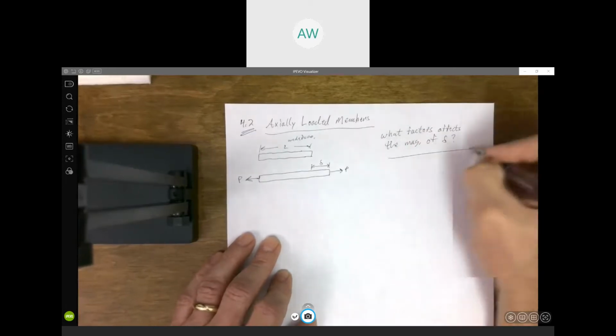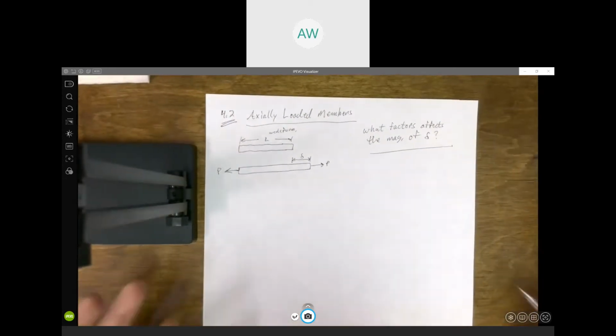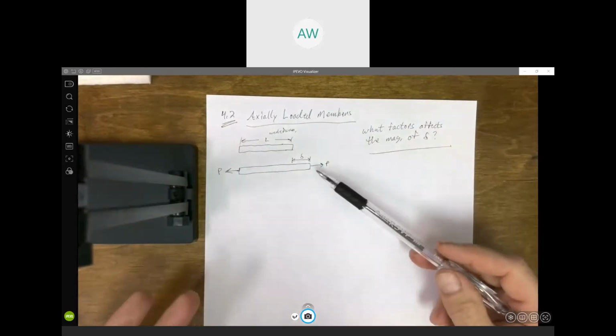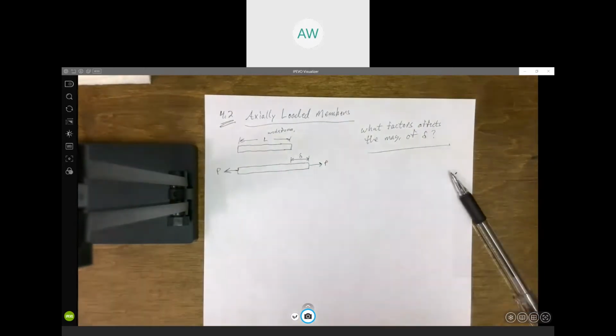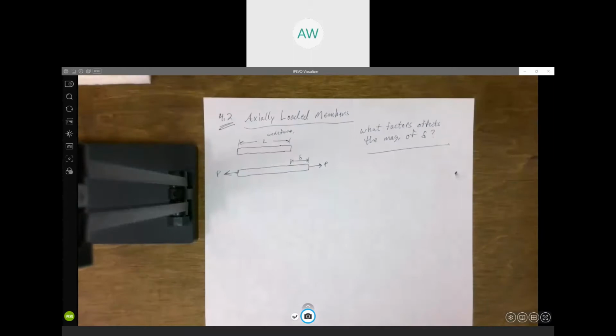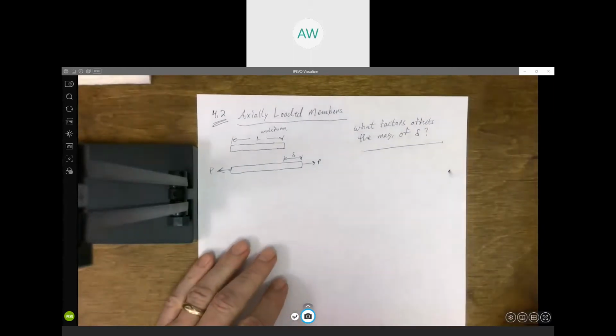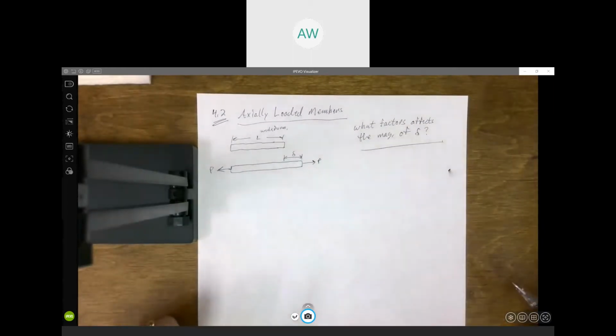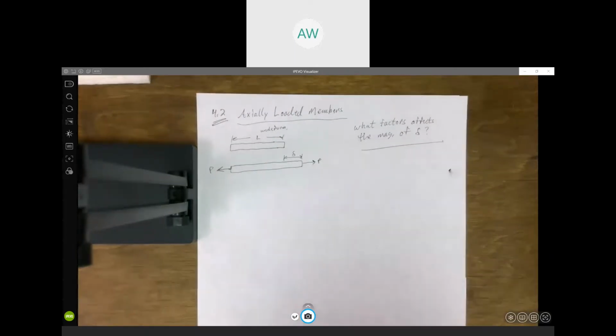In other words, what things have an effect on how far this thing's going to stretch or compress? So you can either answer, chat, or chime in. I'll give you a hint up front. There's 4 different things. And so I was going to see if everybody, between all of you, could come up with what the 4 things are.